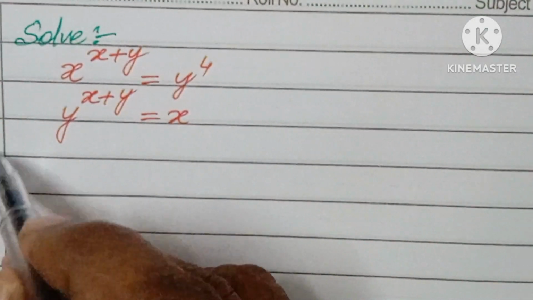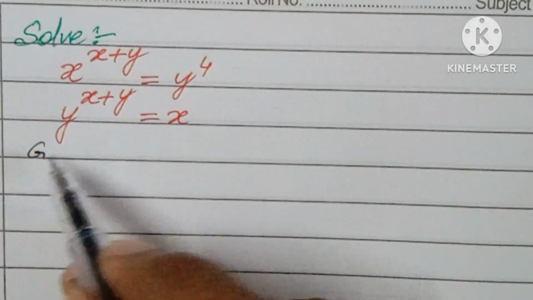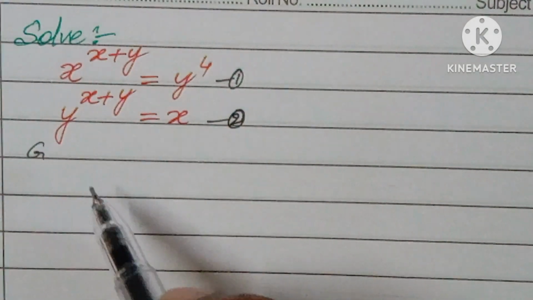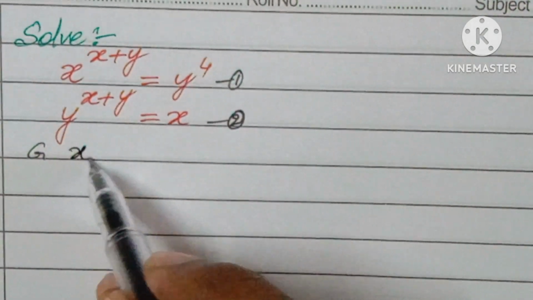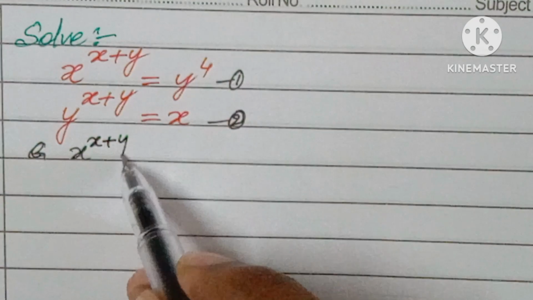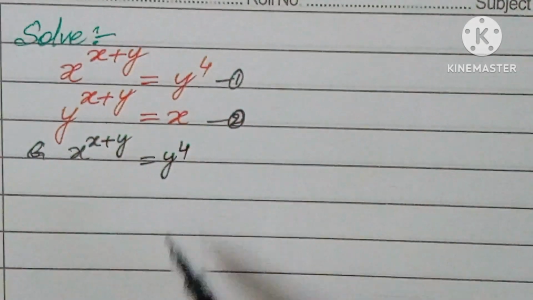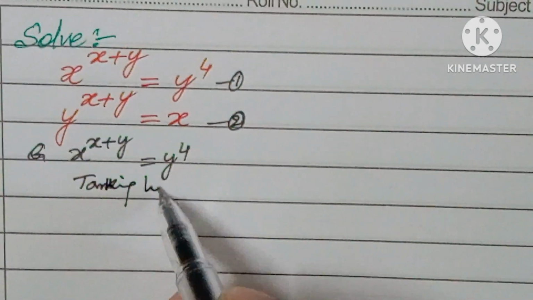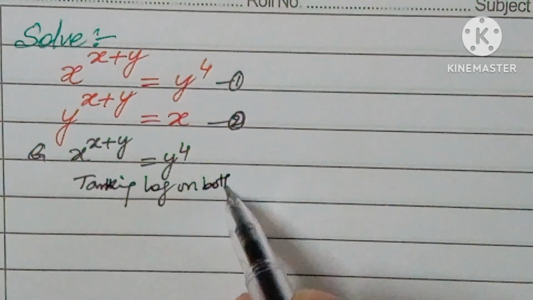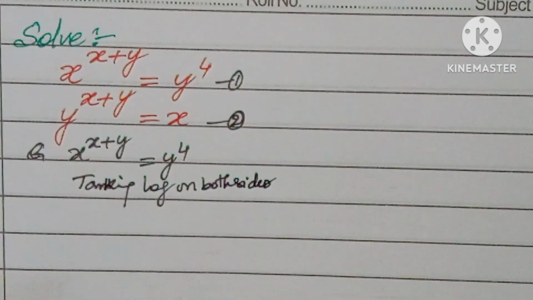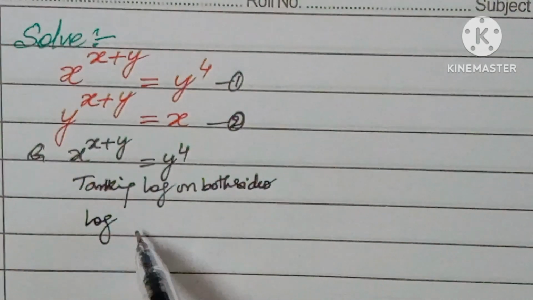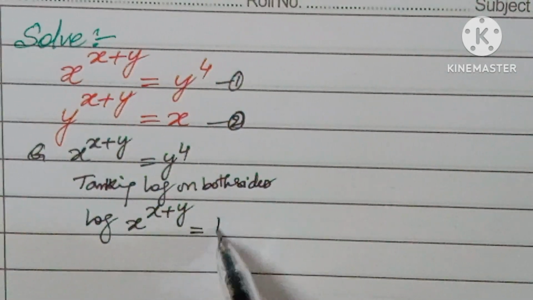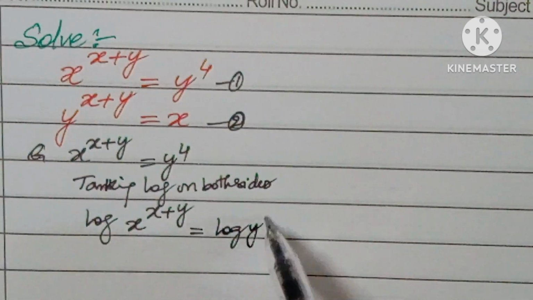Now, how to solve this problem? First of all, let us take this as the first equation and this as the second equation. Here, the first equation is x to the power of x plus y equals y to the power of 4. Taking log on both sides, we get log of x to the power of x plus y is equal to log of y to the power of 4.